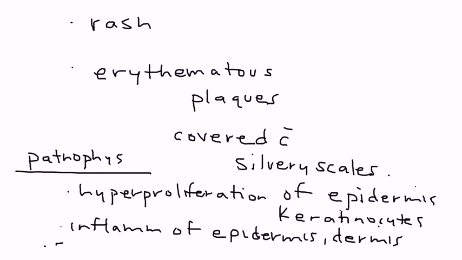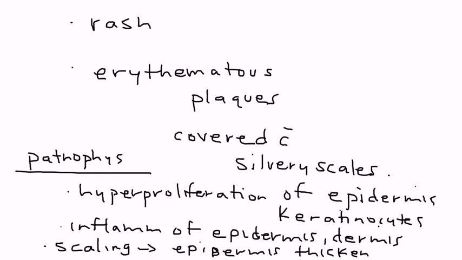And then what that does is eventually leads to scaling, and the reason the scaling is happening is because the epidermis is getting thicker. Epidermis thickens, and that leads to the scaling. So that's the essential pathophysiology.